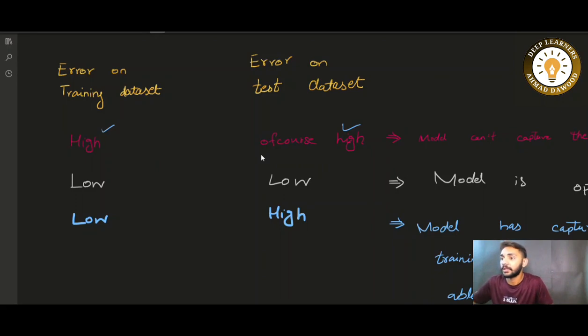Now the second scenario is if our error on the training data set is low and our error on the test data set is also low. Then of course the model is optimal. This is the type of model that we usually want: less error on the training data points and also less error on future data points or test data points.